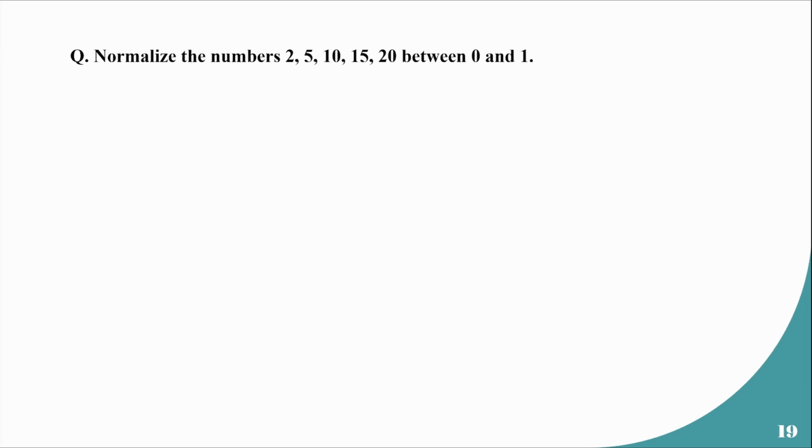Normalize the entire stretch of values between 0 and 1. So the minimum value should be 0 and the maximum value should be 1. And then the middle values will also be transformed to be something between 0 and 1.